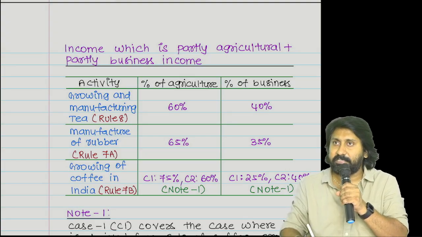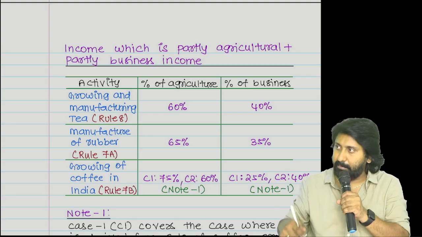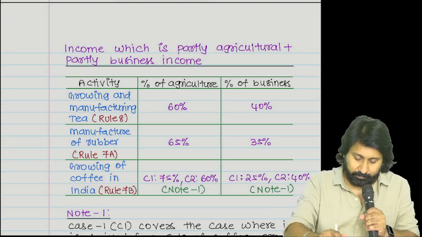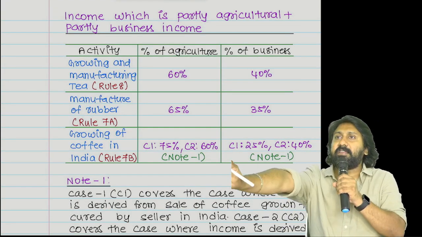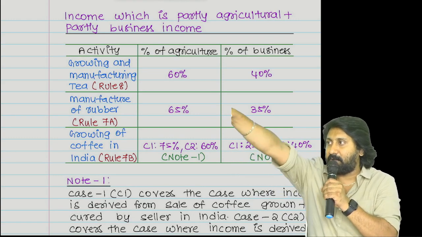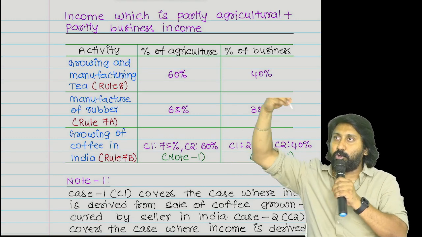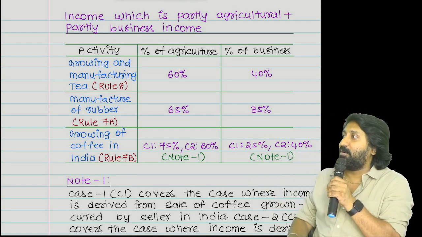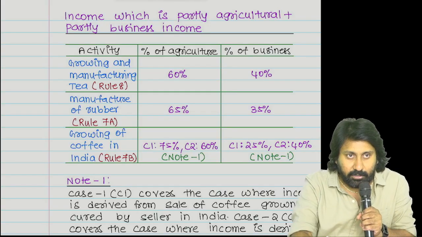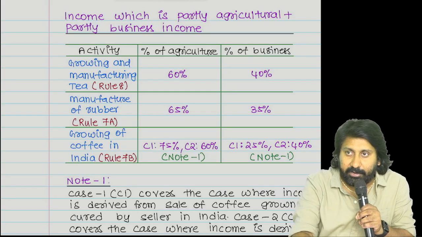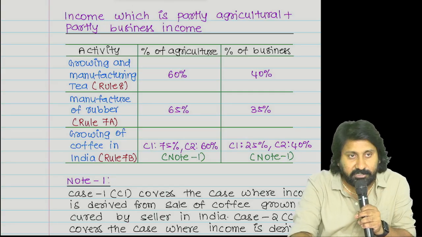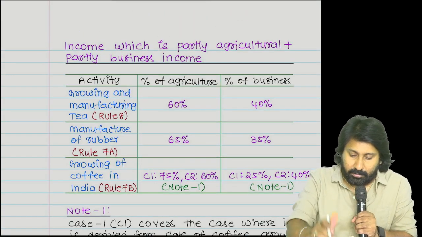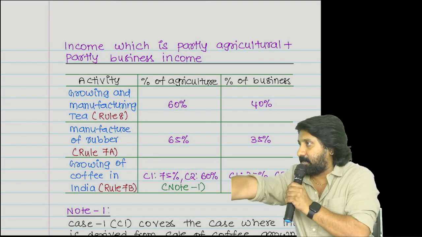Discussion, everything we will do in the next session because the newcomers are also there. Heavy dosage will lead to intoxication, so let us understand the basics. Tomorrow we will complete agricultural income by doing big problems. With this we complete the agricultural income concept.